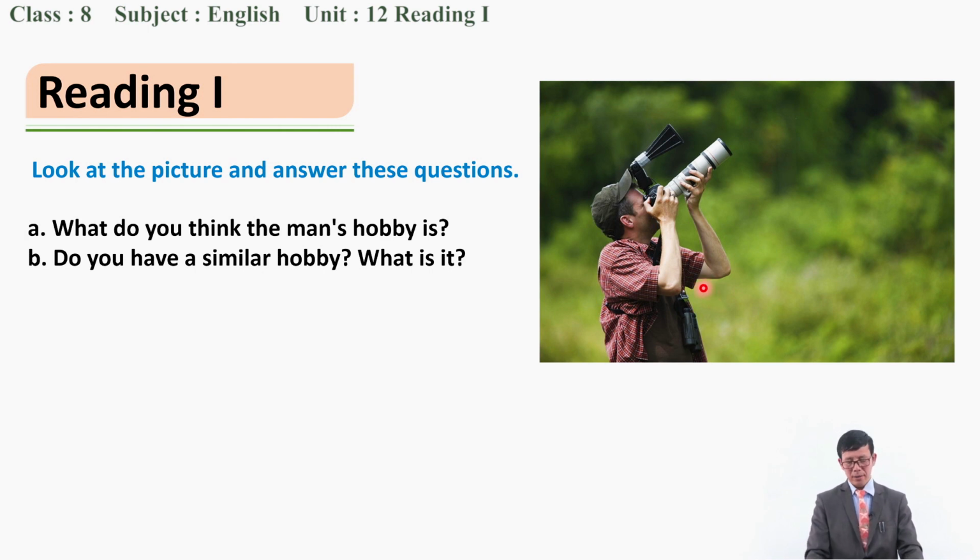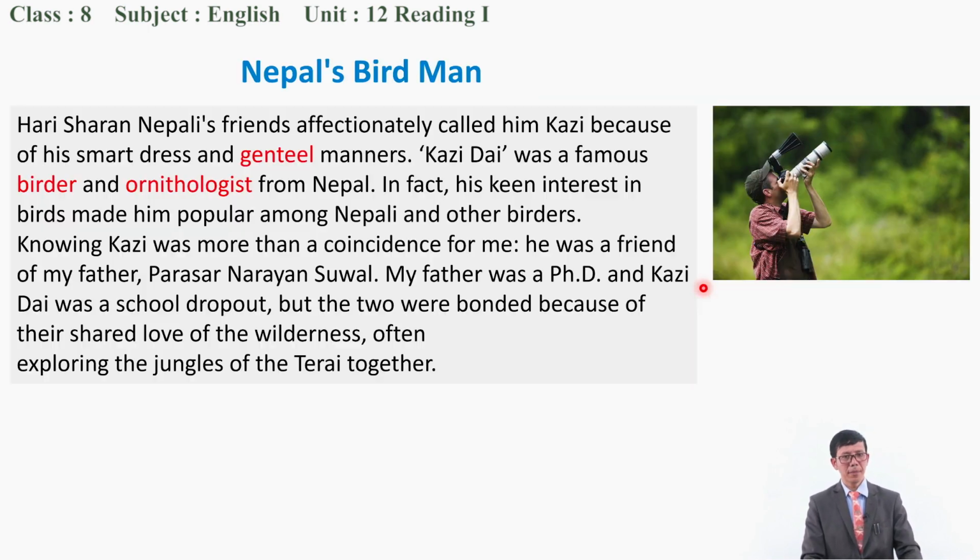So, after discussing this, the very interesting lesson that we are going to deal with today is all about Nepal's birdman. So who is Nepal's birdman? We are going to discuss in today's class the amazing, interesting account, the description about Nepal's birdman.